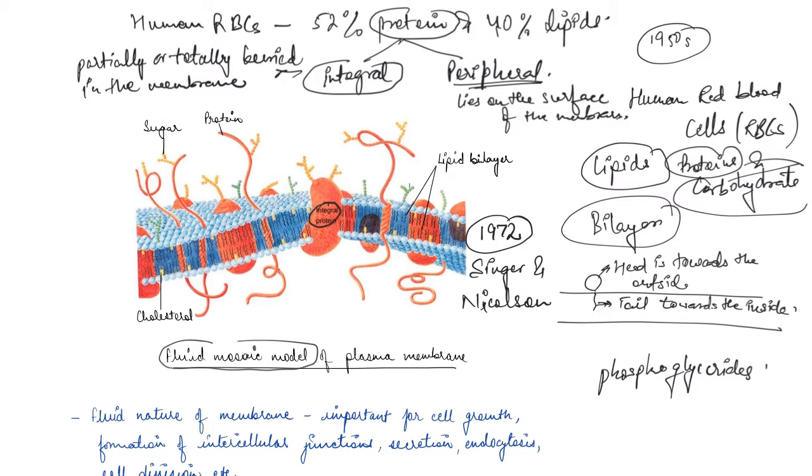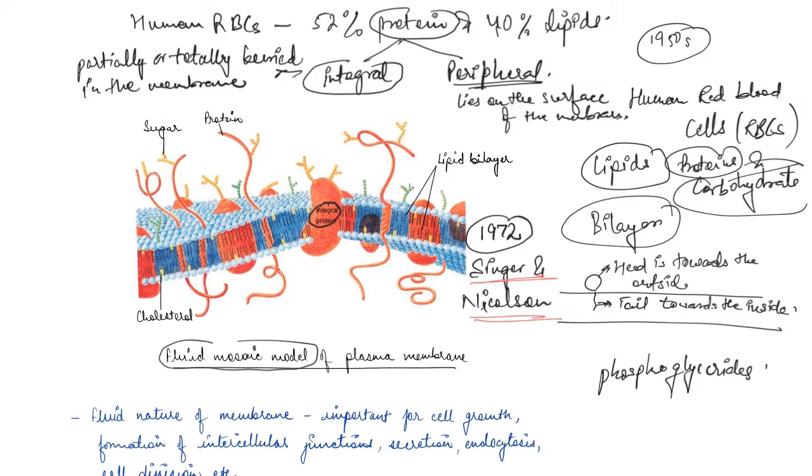This quasi-fluid nature enables lateral movement of proteins within the bilayer. The ability to move within the membrane is measured as its fluidity. The more the proteins and other substances are able to move in the bilayer, the more fluid it is, right?